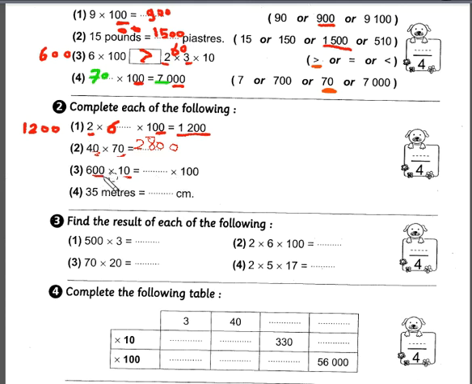Count how many zeros. Here we have 2 zeros and here 1 zero. So for the final result we will write 3 zeros. And here we will put 6. So it equals 6,000. And on the other side we have 2 zeros, so we need only 1 zero and we write 6. So the result here equals 60.